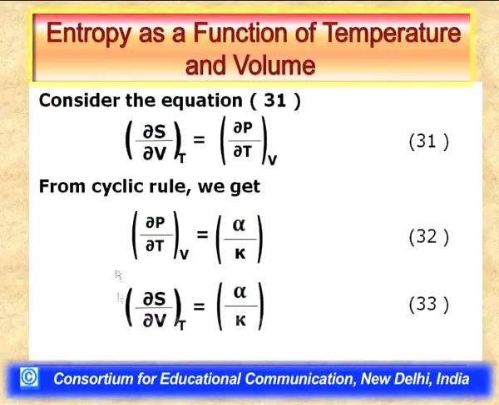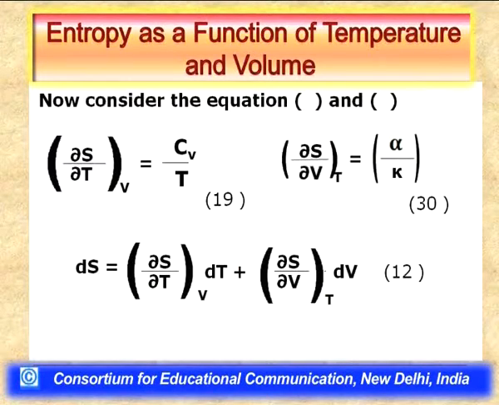It means that del P by del T at constant V, which is equal to alpha by kappa, will be a positive quantity, and if it is positive, the entropy will always increase with increase in volume, except for water between the temperature range 0 to 4 degrees, except for bismuth, and except for antimony for a particular temperature range.